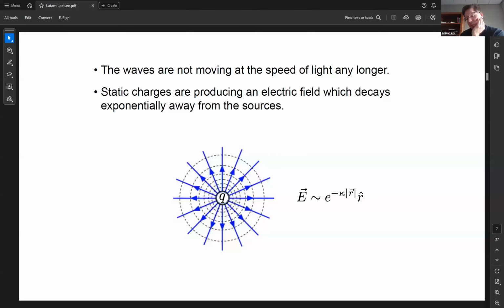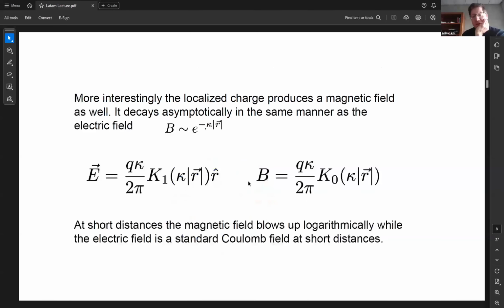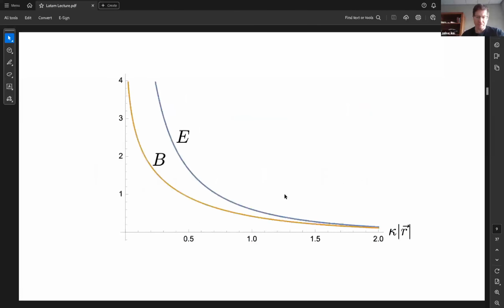It's still Coulomb at short distances, and there is also a magnetic field that decays exponentially. This is for a static source. And here I've plotted them for you. So here it's Coulomb-like. It diverges very quickly. The magnetic field diverges much slower, but they both decay exponentially.